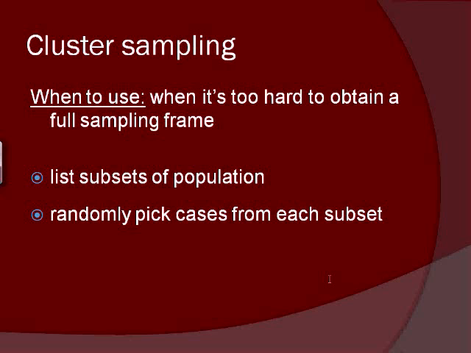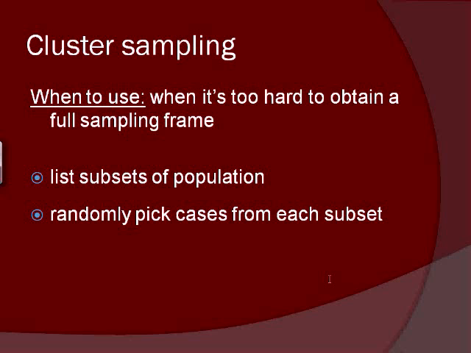So just to summarize what we did is, because it would have been extremely difficult to build a valid sampling frame of all of the students in the United States, we created a valid sampling frame of all of the 50 states. We pulled a few states randomly from that sampling frame. Then in each state, we obtained valid sampling frames of counties. Then from each of those, we selected just a few counties randomly.